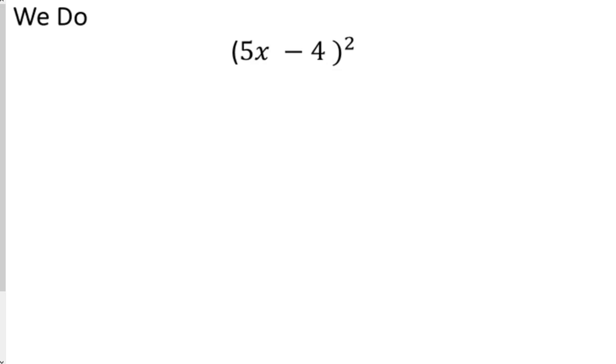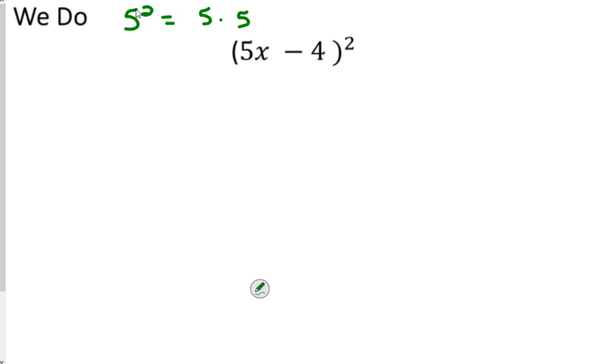So let's get into some practice here. There will always be slides that I will do with you. So we have (5x minus 4) squared. Okay, there's a squared outside of those parentheses. Just to give you some background on this, if I were to write 5 squared, you would know that 5 squared is the same thing as writing 5 times 5.